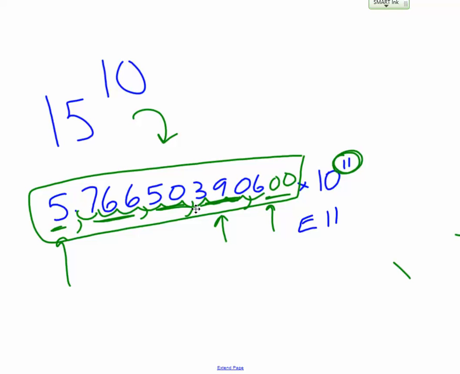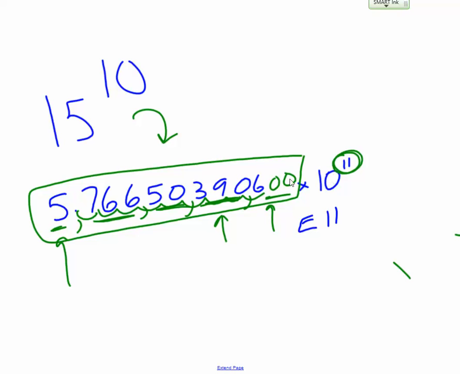So you used your calculator, and what you got in your calculator is an answer in scientific notation. So it was something like 5.766 and so on, times 10 to the 11th. Some of your calculators might then say E11, and this part's really important because it means the real answer to 15 used as a factor 10 times is really this number, 576,650,390,600.